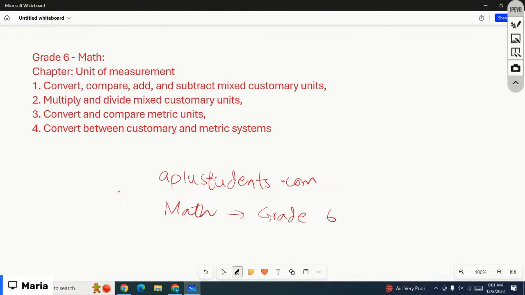The lessons we're going to cover today are convert, compare, add and subtract customary units, multiply and divide mixed customary units, convert and compare metric units, and convert between customary and metric units. So let's start with the first lesson, that is convert, compare, add and subtract mixed customary units.